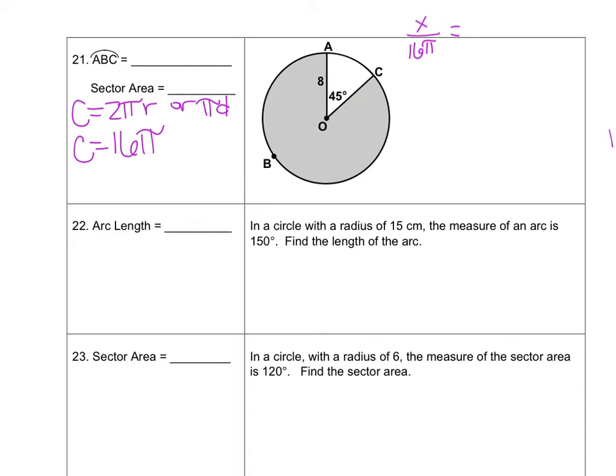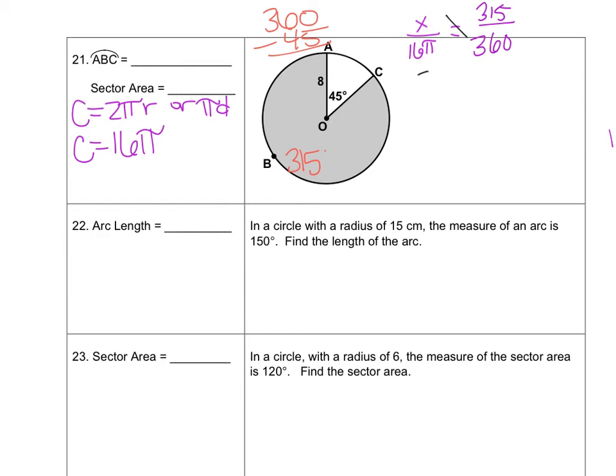Well, it's a circle, so let's do 360 minus 45 to find the number of degrees that we're using. So that's going to be 315 degrees. So we're going to make our proportions. So the 315 degrees we're using over the 360 degrees total of a circle.